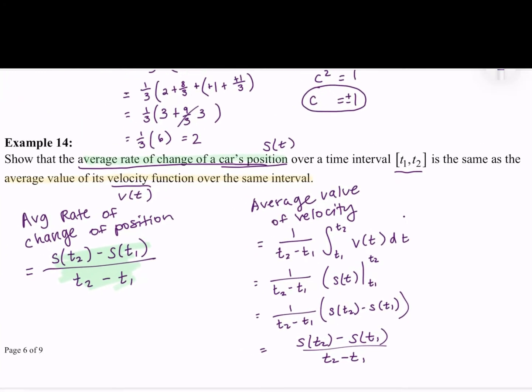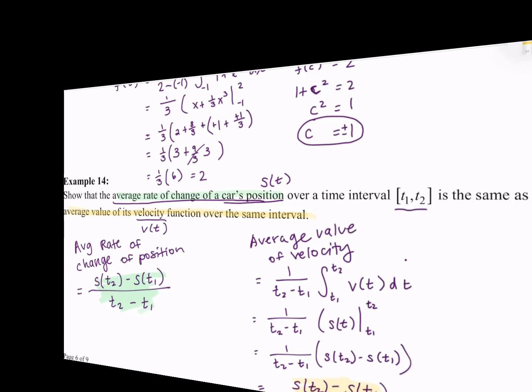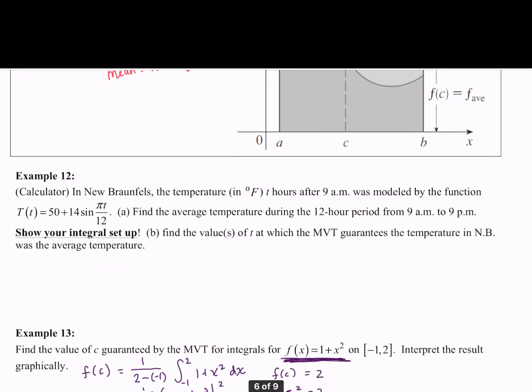And look, they're the same. So the average rate of change in position, we're basically proving that the rate of change in position is velocity. So the average rate of change in position is the same thing as the average velocity. Cool. So just to finish off my color coding, that is the answer to that. And they're the same.